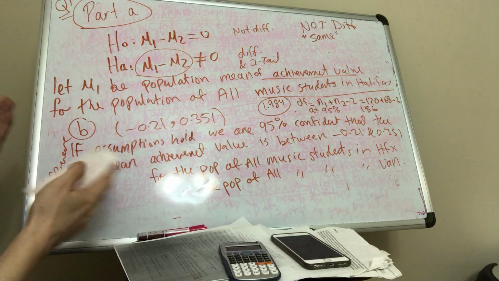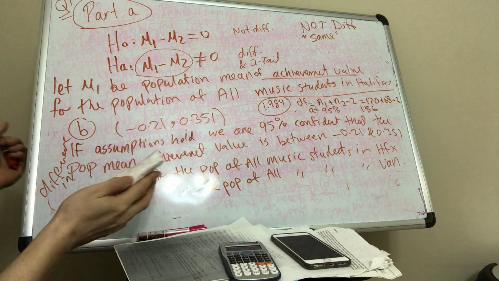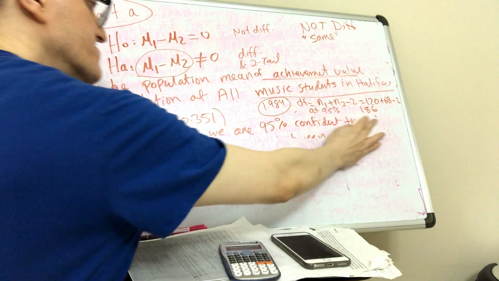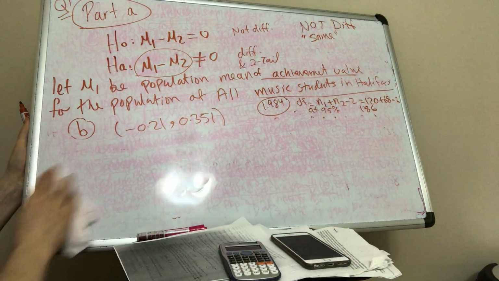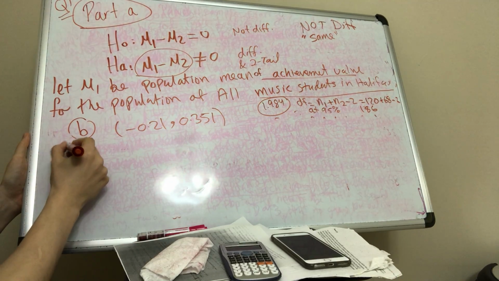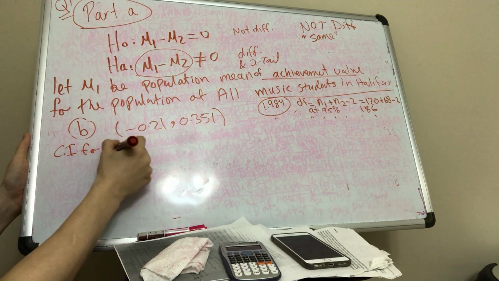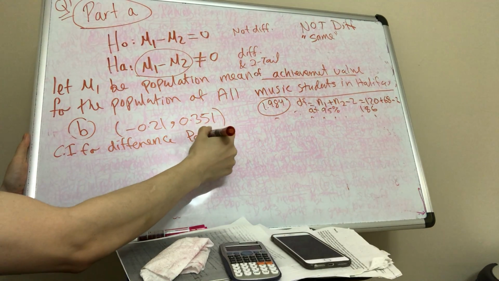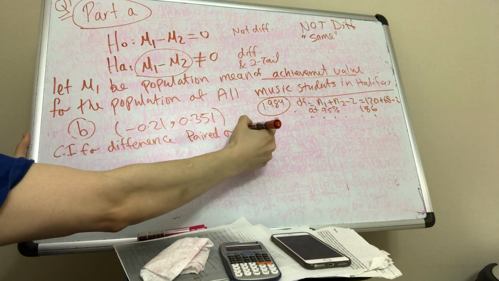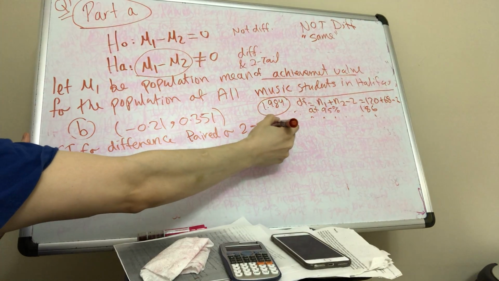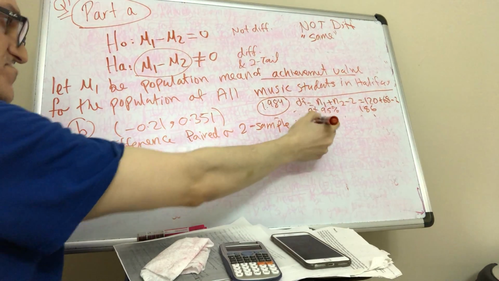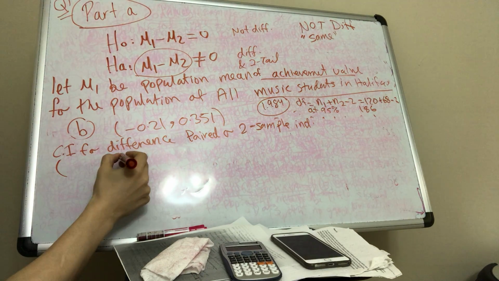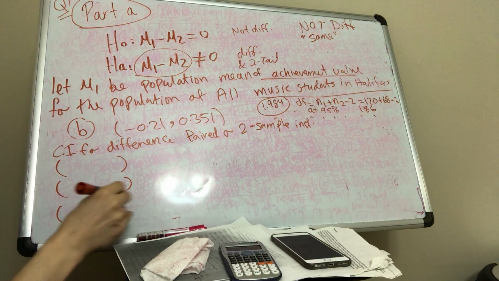To actually be able to see if we have consistency, anytime you do a confidence interval for a difference, whether it's paired sample or two-sample independent, you'll end up with one of three possibilities.